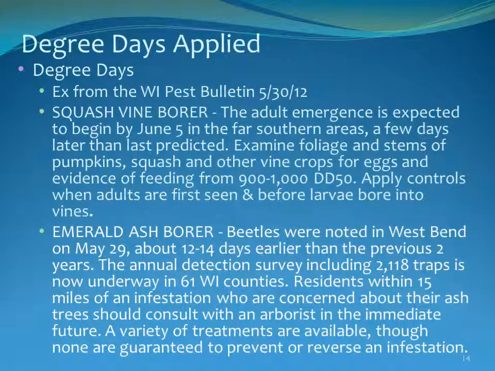So this is an example from the Pest Bulletin from last year about how you would use that information. The Pest Bulletin takes a look at the degree days and can predict when the emergence of certain insects will be if the current weather pattern stays the way that it is.